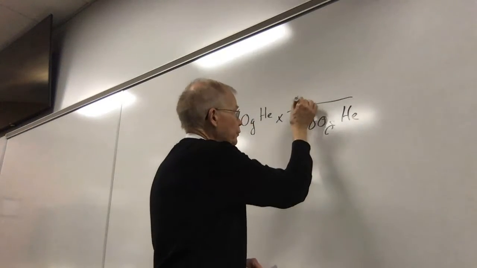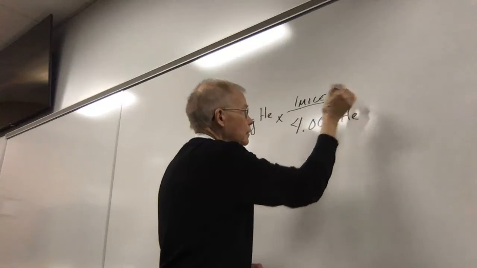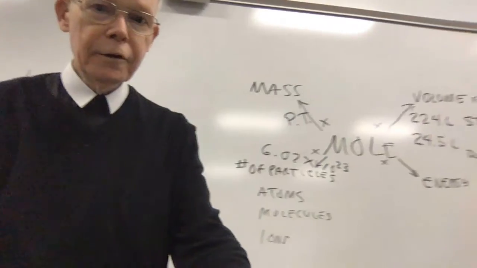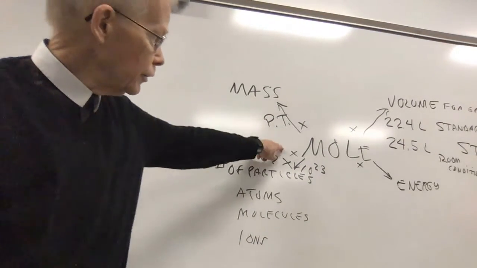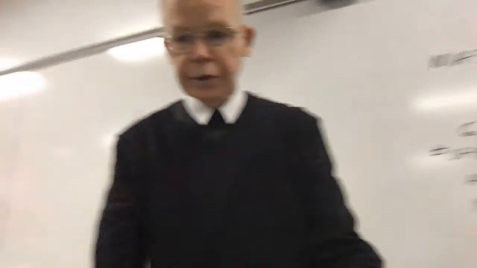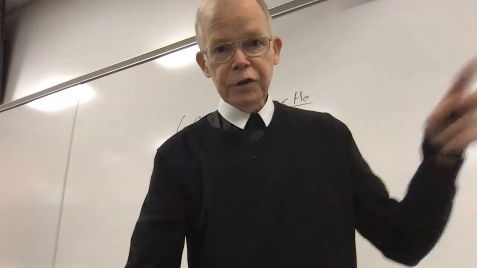That's what 1 mole would be. That gets me to the calculation where I will have the helium gas calculated as mole. And if I do that division on a calculator, just take a calculator and do 6 divided by 4, that'll give you a number.